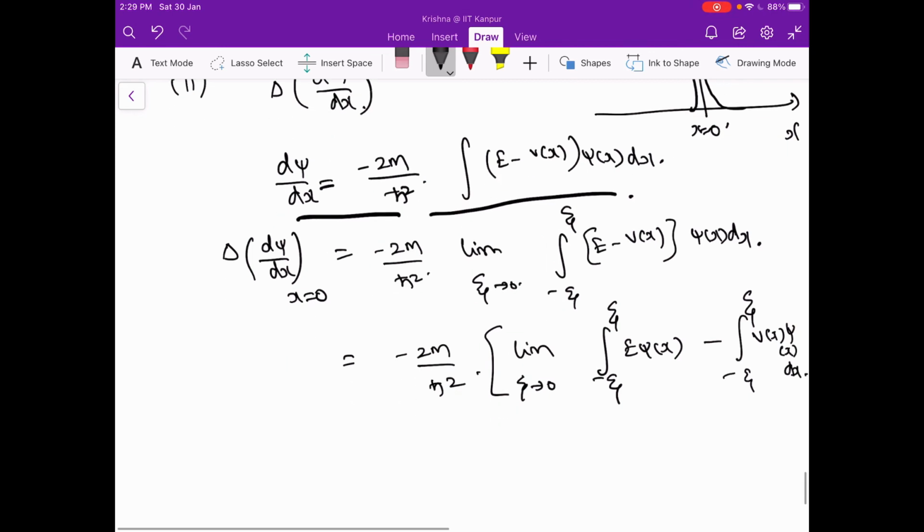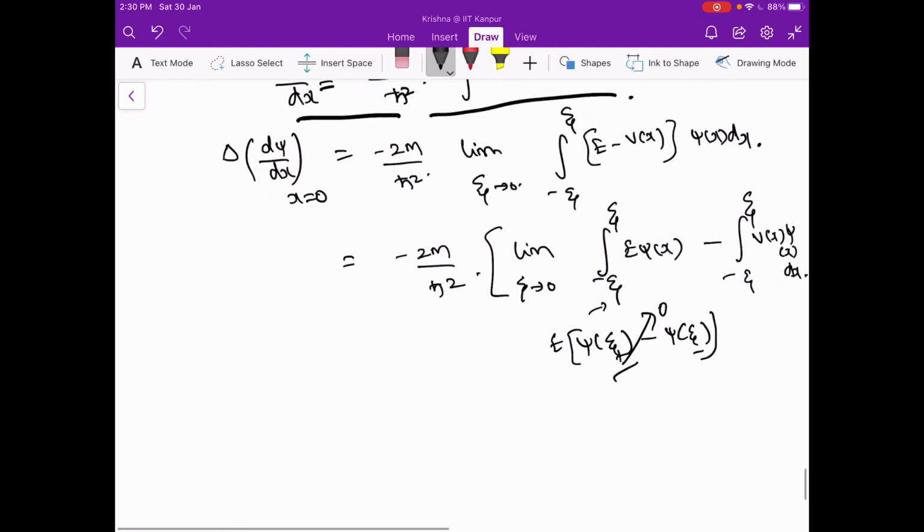Now as this goes to 0, psi of x will be psi of eta plus minus psi of eta minus, and eta plus and eta minus are very small. So this particular value always tends to 0 if the wave function is continuous. So this goes to 0 as the wave function is continuous.